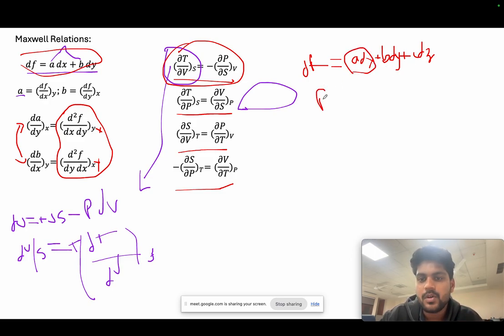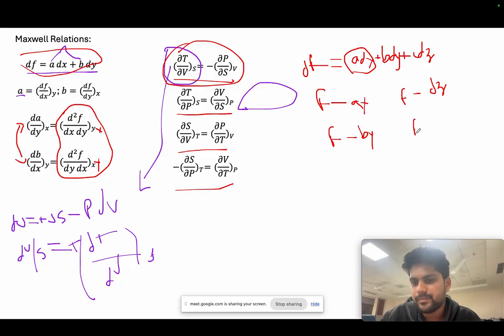Now we can develop a new equation such that f minus ax is one equation. There will be another equation, f minus by, where you are not differentiating it. It depends: if you have more variables there will be more, like f minus ax minus by, and the same thing. I think you understand the concept of what I'm saying.